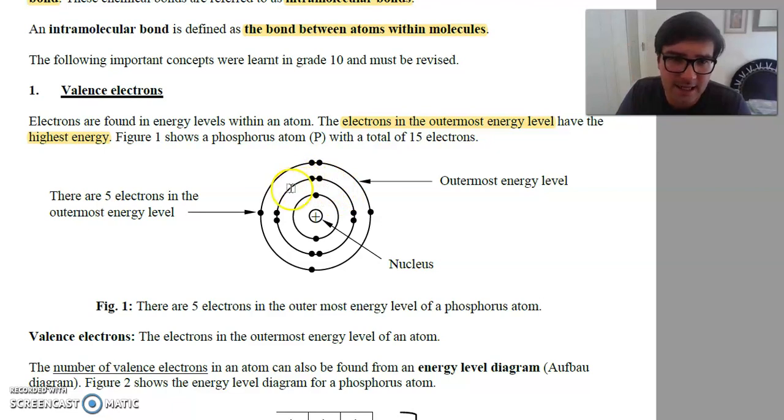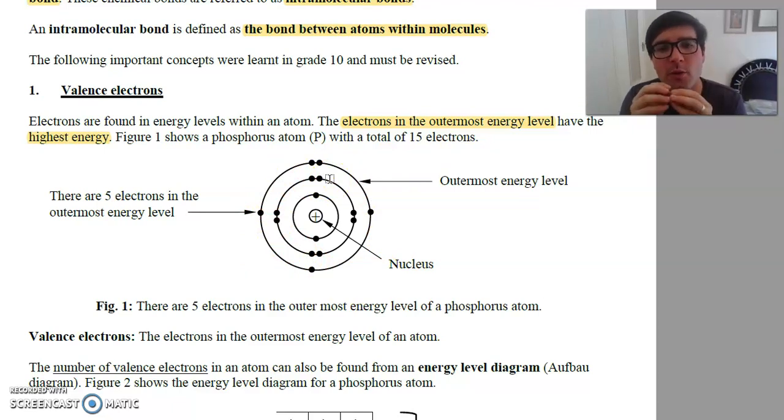In the second energy level, we have a maximum of 8 electrons because there's an s orbital which can take 2, and then we've got 3 p orbitals which each can take 2 as well, so that gives us a maximum of 8. And then in our final energy level, our third energy level, we've got 5 electrons.